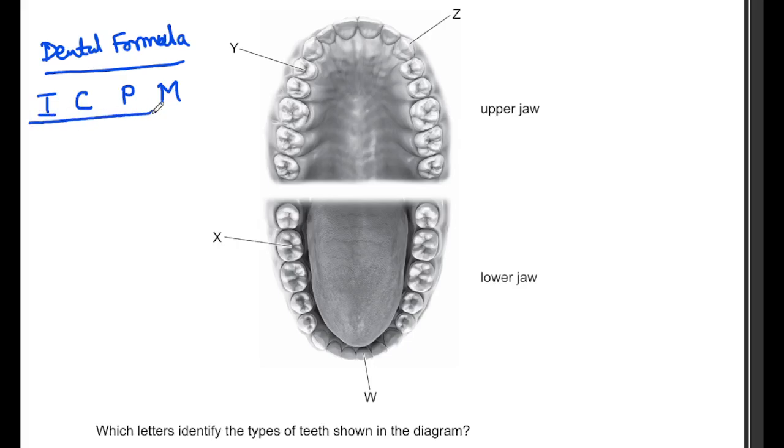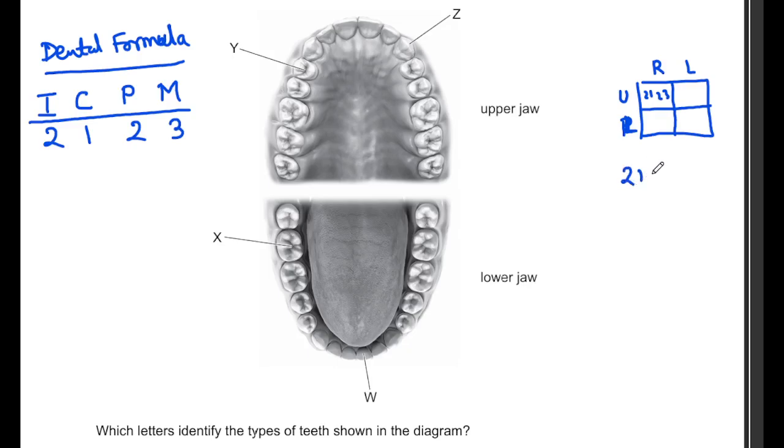I stands for incisor, C stands for canine, then premolar and molar, and 2, 1, 2, 3. I'm telling you about this one jaw. Remember, there is the upper jaw and the lower jaw, right? Upper is divided into the left side and the right side. The same way for the lower side also. So the total for one side is 2, 1, 2, 3.